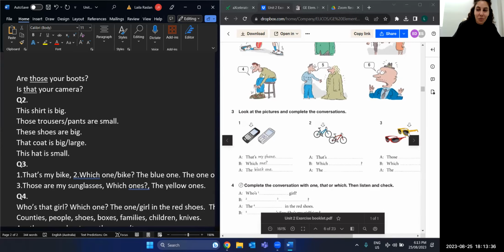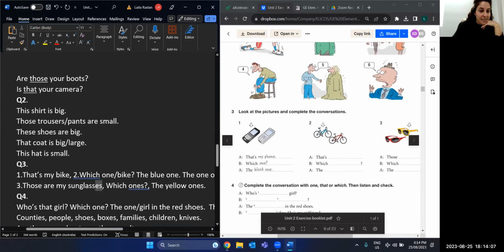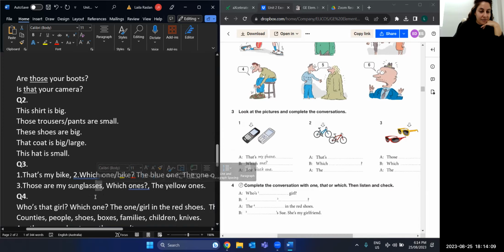So those are my sunglasses, even though you're talking about one, because the noun is a plural. You just have to remember, sunglasses is how we say this object. So it has an S at the end, so we have to treat it like a plural. So those are my sunglasses, even though he's talking about one, because the noun has a plural ending.